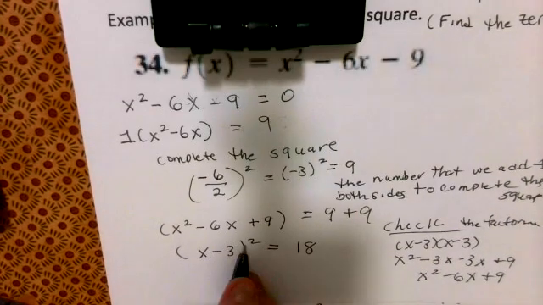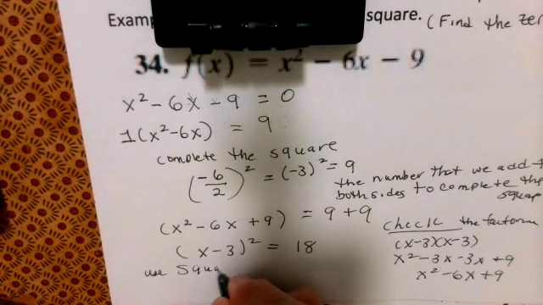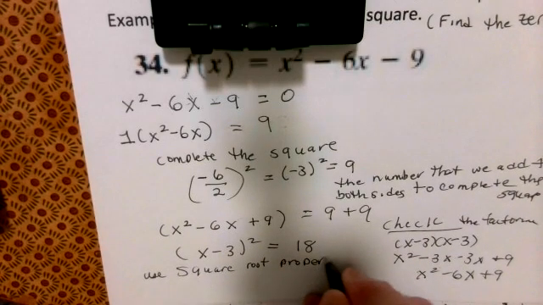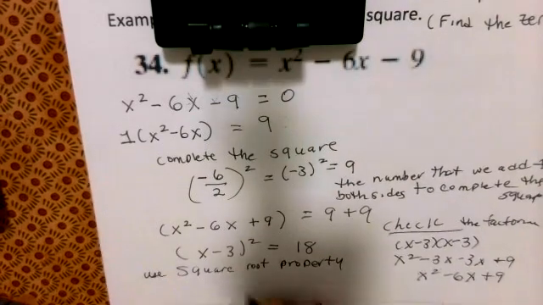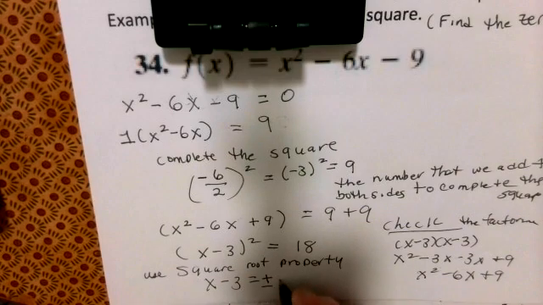So that's right. So this is going to factor. Now what we're going to use is the square root property. Because basically what we've done is we put this into the form where we can use the square root property. So I'm going to go x minus 3 equals plus or minus the square root of 18.